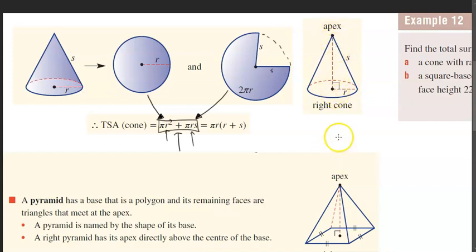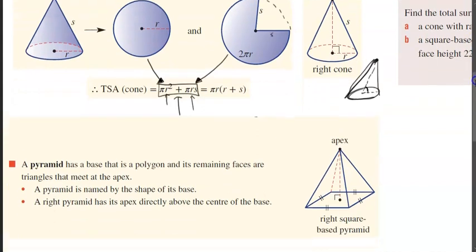I could draw a cone where the apex is off to the side, looking like a slanted party hat. Because the angle created is on a slant, it's not a right cone, since the angle in between is not a right angle. So be careful of the type of cones you get. All the questions will be based on this type of cone.